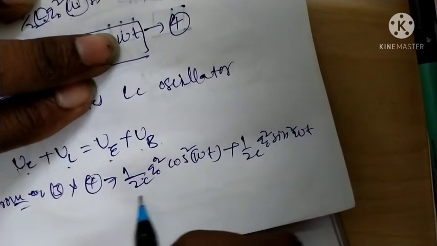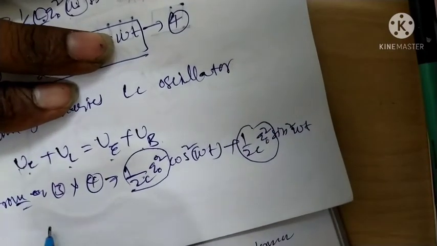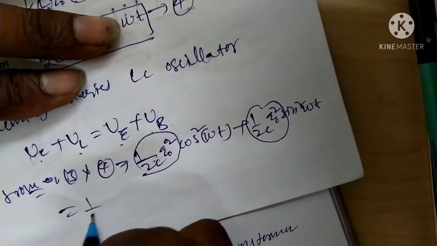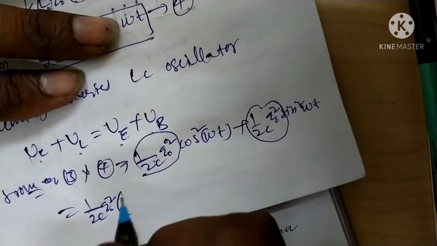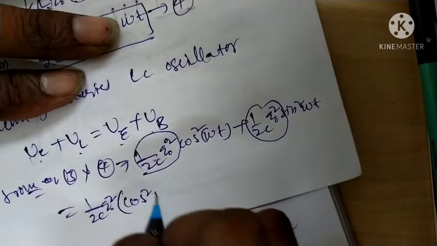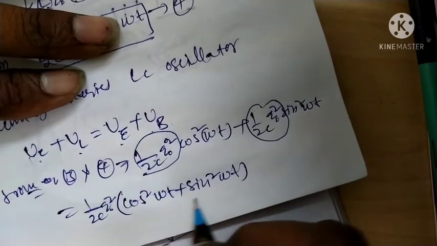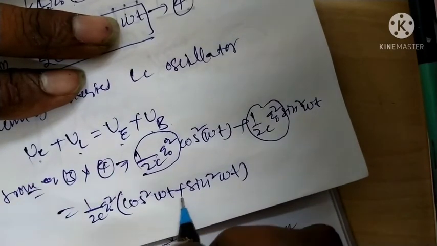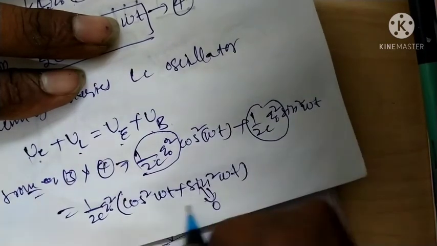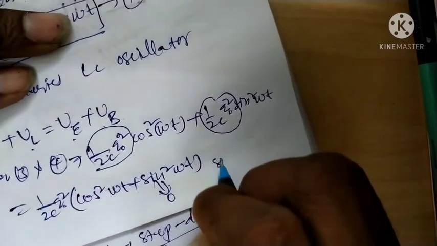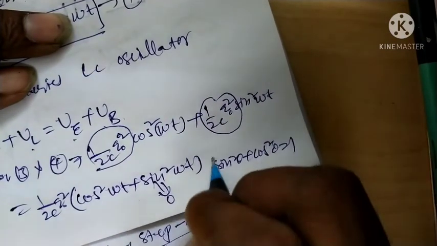Okay, here 1 by 2C q naught square is common. We get cos square omega t plus sin square omega t. What is this form? Cos square theta plus sin square theta is equal to what? 1. This is equal to 1.